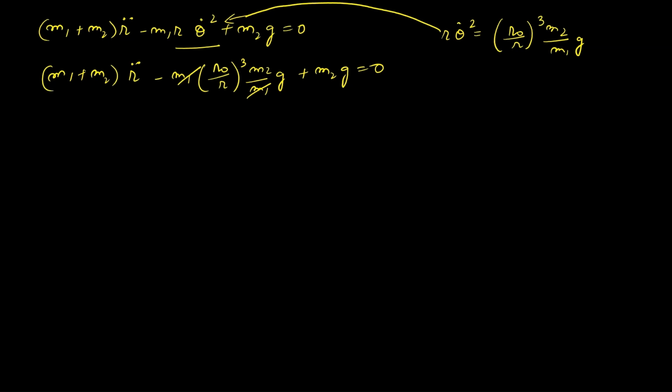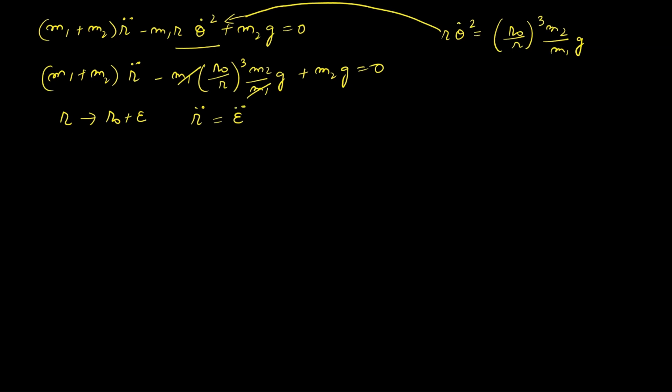Now what I'll do is displace this r by some epsilon, where epsilon is much smaller than r naught. Then r double dot will be equal to epsilon double dot.